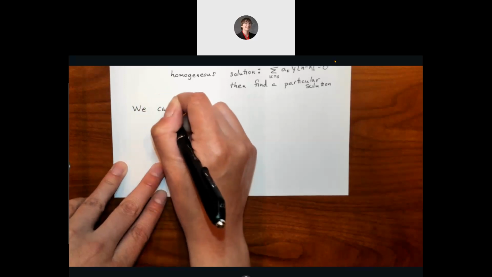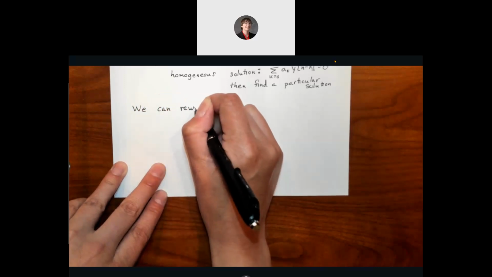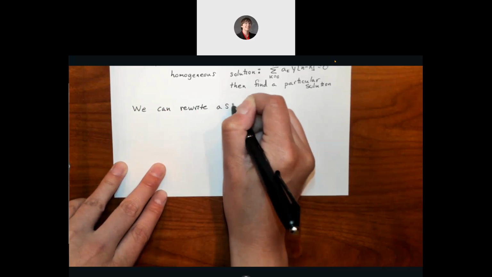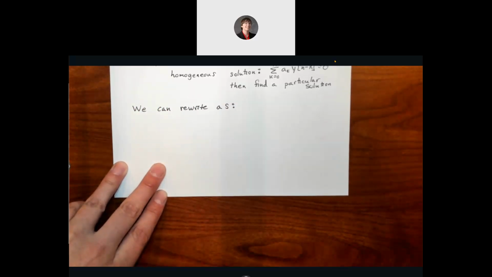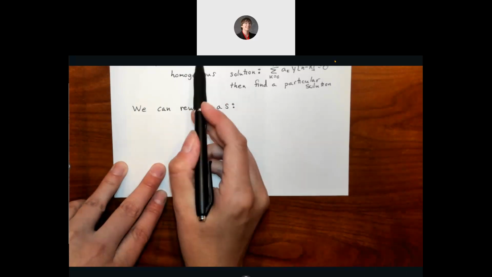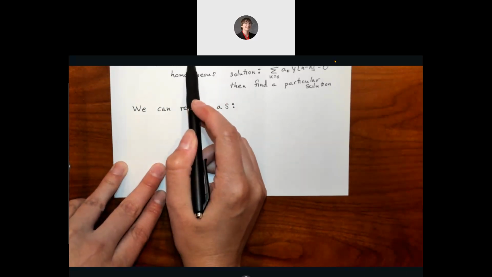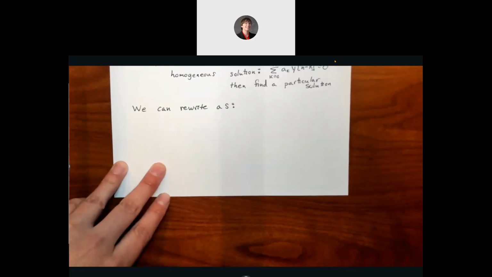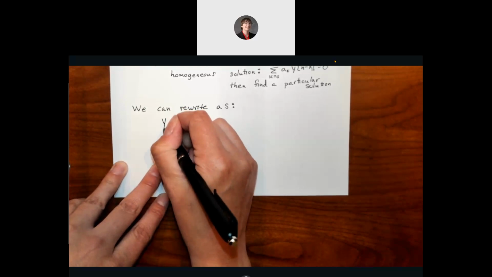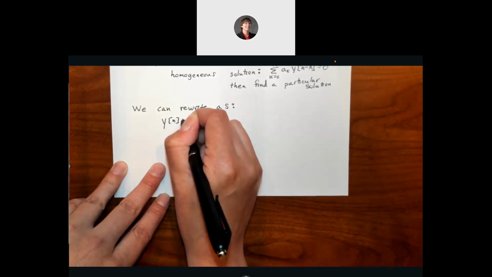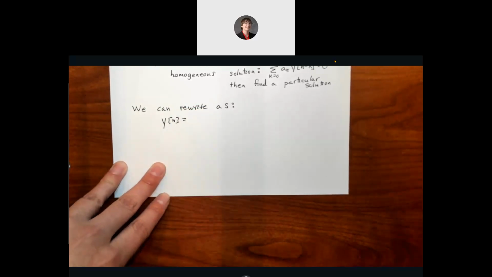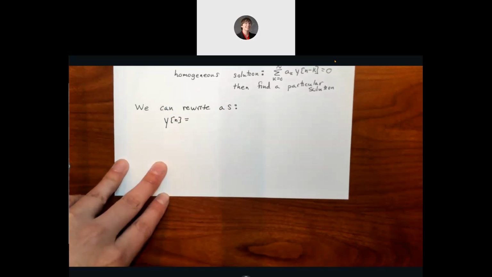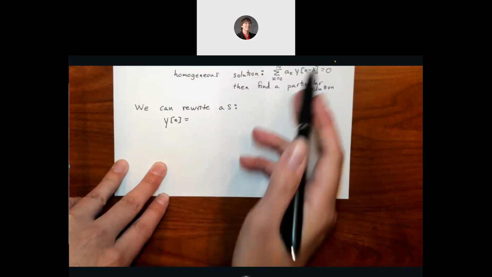If we take a look, what we notice is that we can rewrite this equation. So let's take first our k equals 0. In k equals 0, we have our y[n], which is typically what we're actually looking for. What's the output at this current time? So I'm going to isolate that y[n]. When k equals 0, it has a multiplier a0.